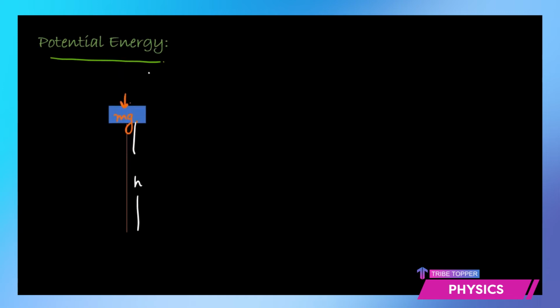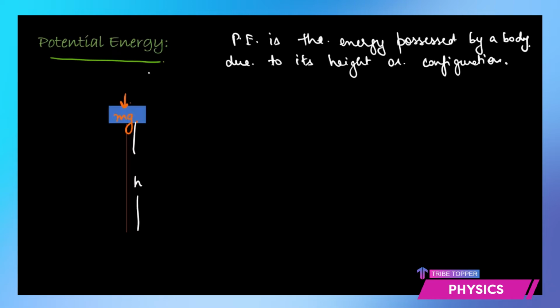Now, what is potential energy? Whenever we talk of potential energy, we can say it is the energy due to height or the energy due to configuration. So potential energy is the energy possessed by a body due to its height above the ground or its configuration. When we talk of potential energy due to height above the ground, that is particularly known as gravitational potential energy.